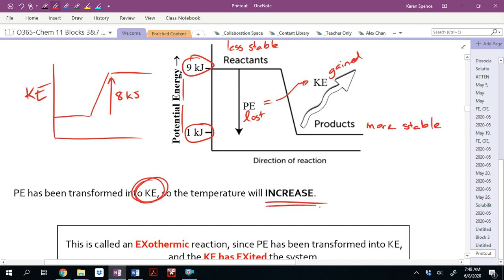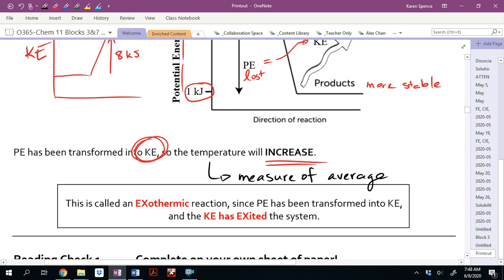Remember, what is temperature? It is a measure of the average kinetic energy.